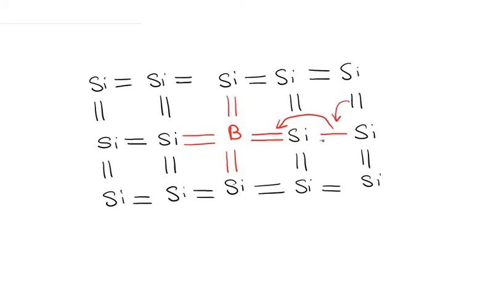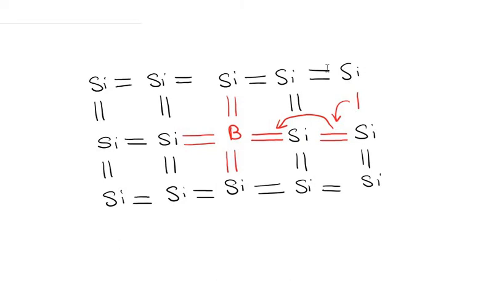So this bond has 2 electrons now, and this bond has 1 electron now. In this way these electrons move around, and as we discussed earlier, broken bonds are basically holes. If there is an unsatisfied bond, that contributes to holes.